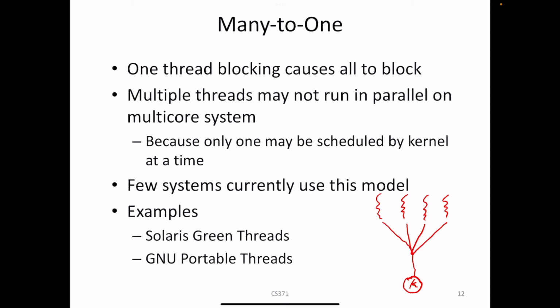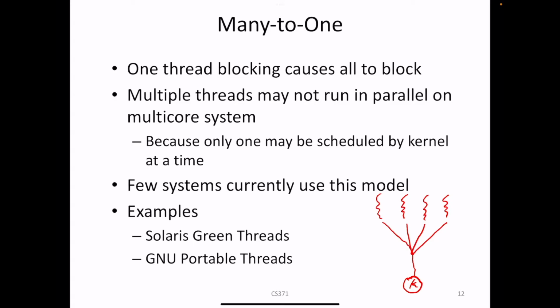The first one is called the many-to-one multi-threading model. From the name, you may already know that multiple user threads will map to a single kernel thread. Since multiple user threads map to one kernel thread, if one user thread is blocked, then the only kernel thread will be blocked, and all other user threads will be blocked as well.